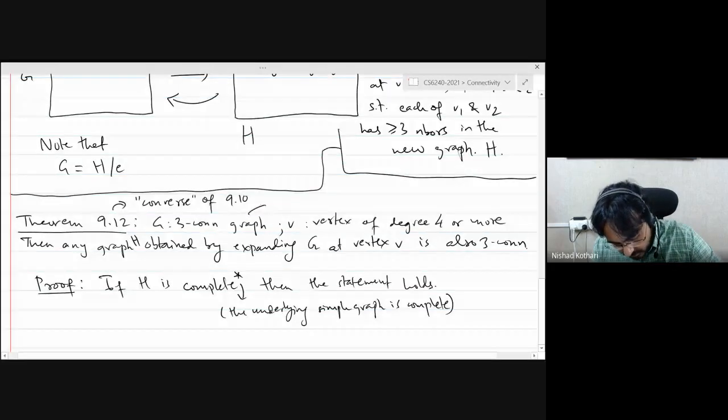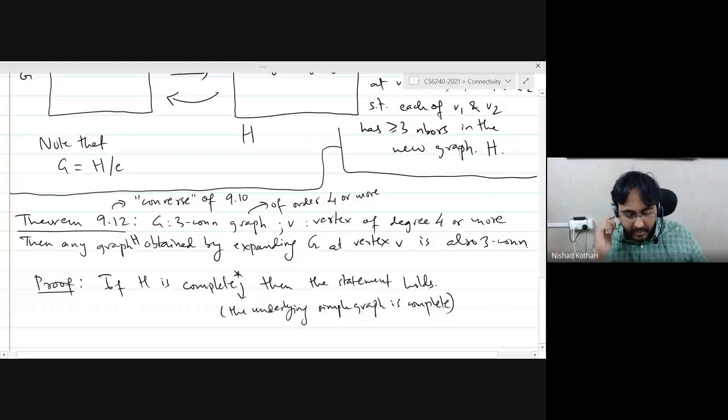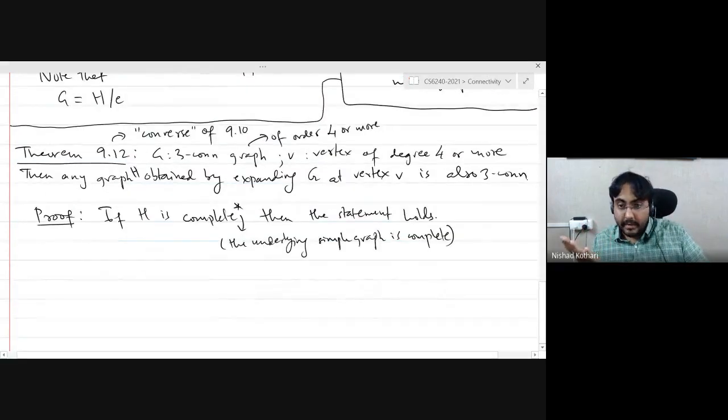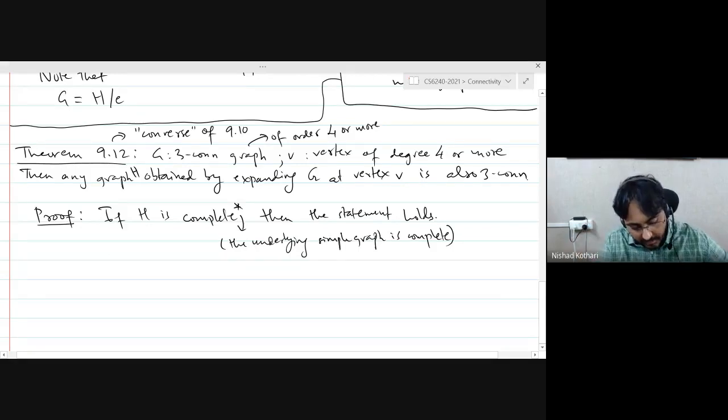Let me just add the assumption of order 4 or more, because I don't care about graphs like K3 with lots of multiple edges, because that could also be 3 connected. So your new graph has at least 5 vertices because you have expanded a vertex. And if it is complete, then it's going to be 3 connected because it's going to be K5, K6 or something, and you're going to have 3 internally disjoint paths between any two vertices.